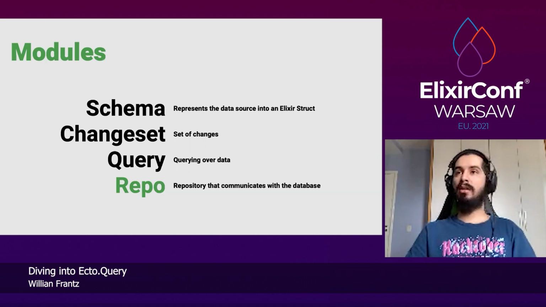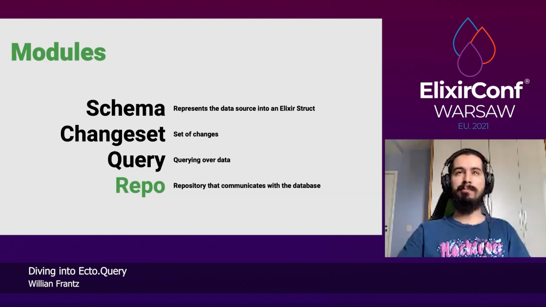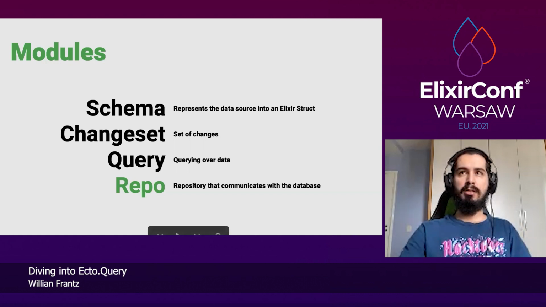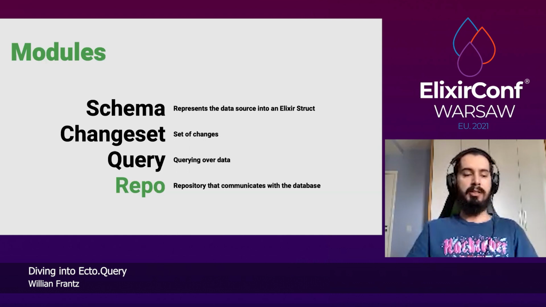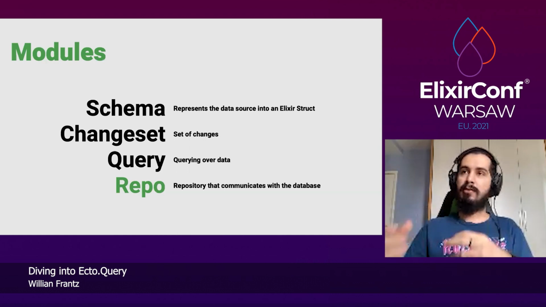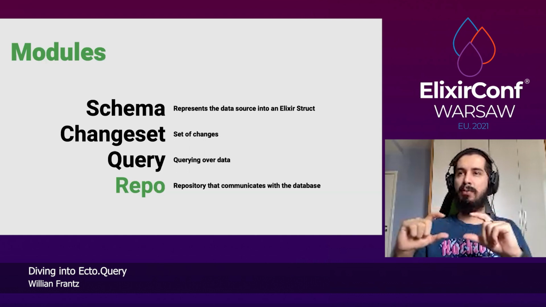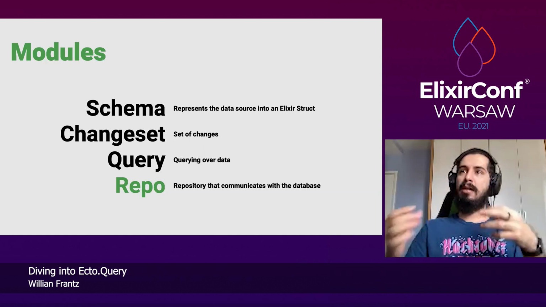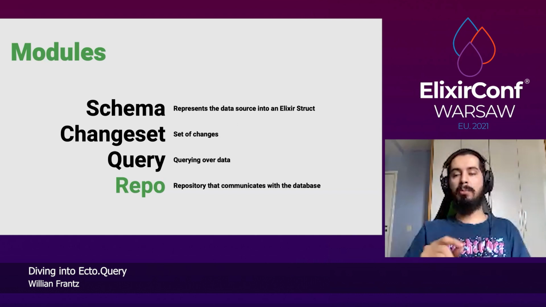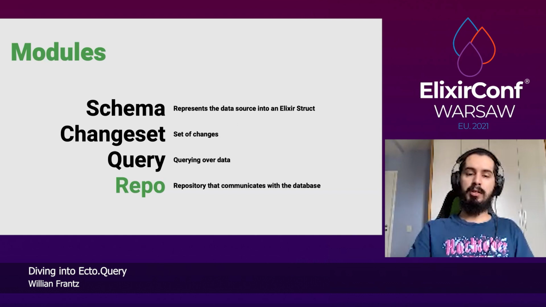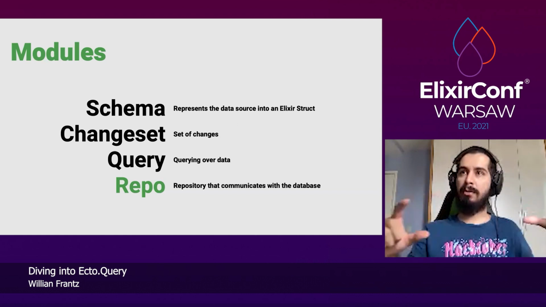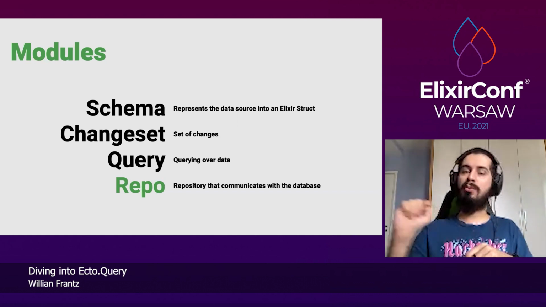So every time we're dealing with those modules inside of our application, we're actually just running it inside of our application and creating a script for that and preparing that to send to the database. And Repo is the module that sends that data to the database. So you want to query the data, you create the query, and that query will generate a struct, and you pass that struct to Repo, and the Repo will execute your query.